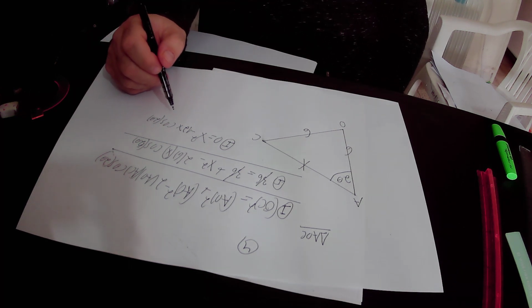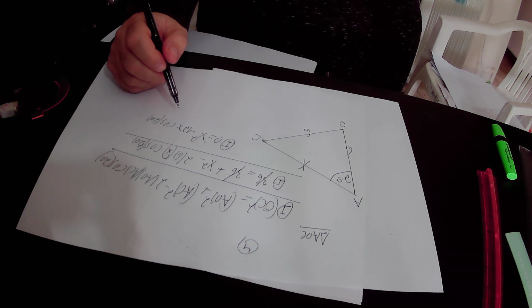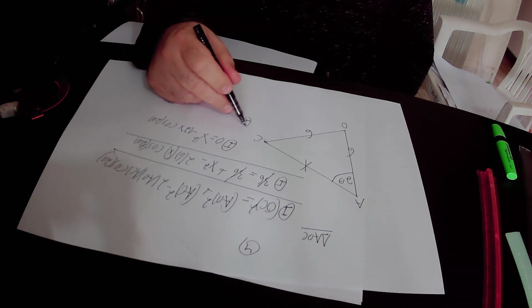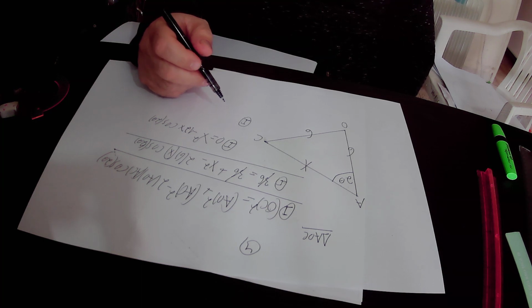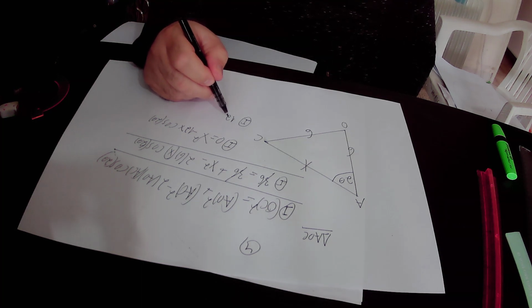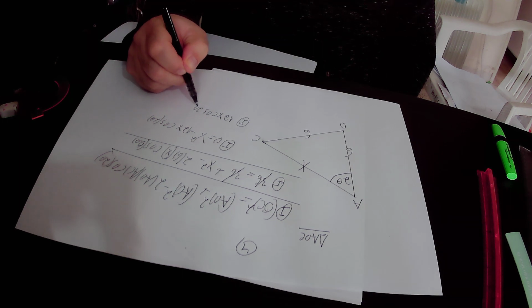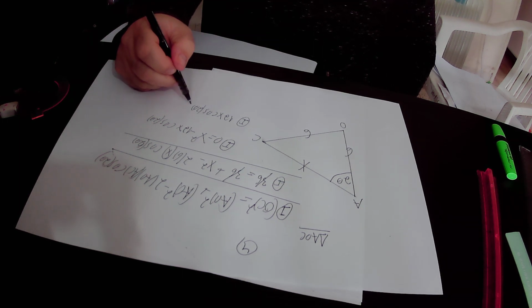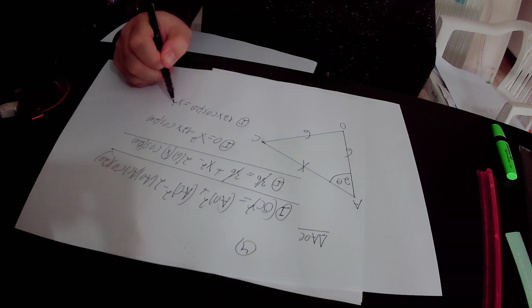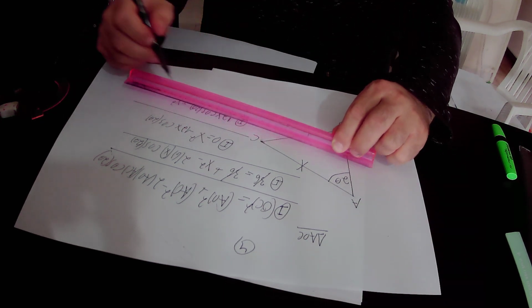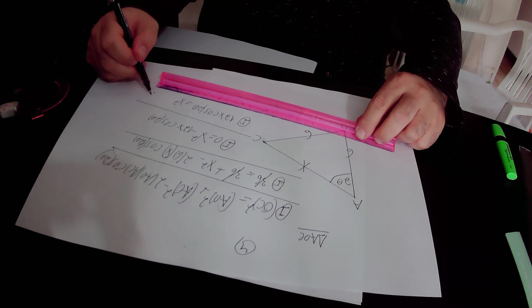We will add 12x cosine 2 theta to this equation, and we will get that according to equation number 1, 12x cosine 2 theta equals x squared. Here we will divide this equation by x.